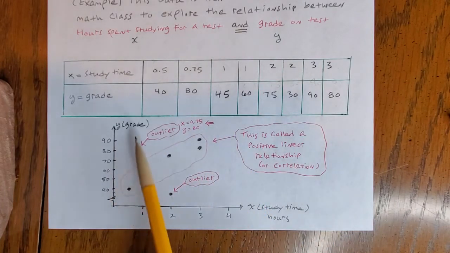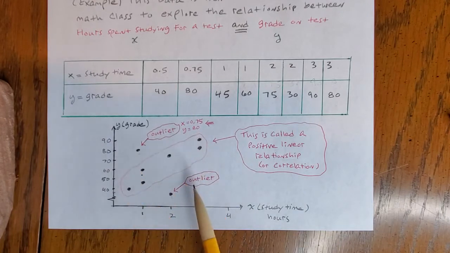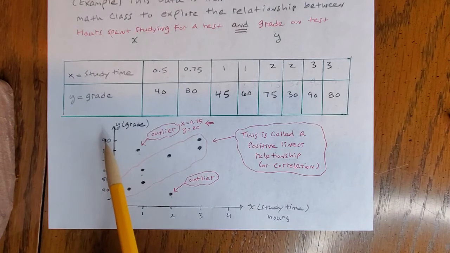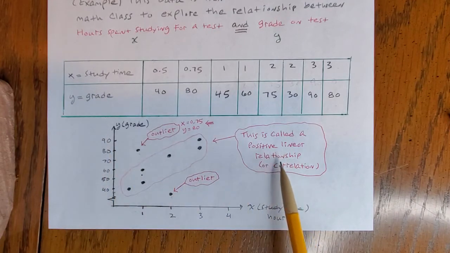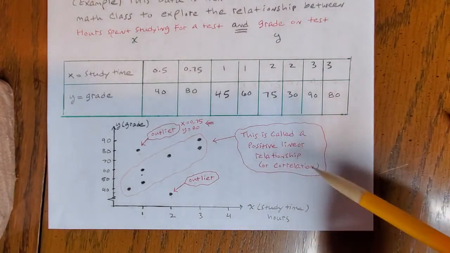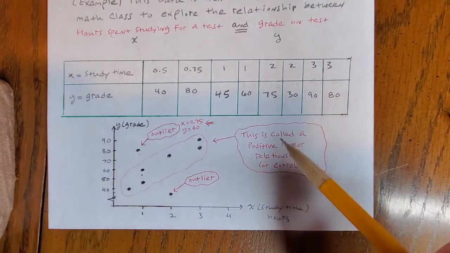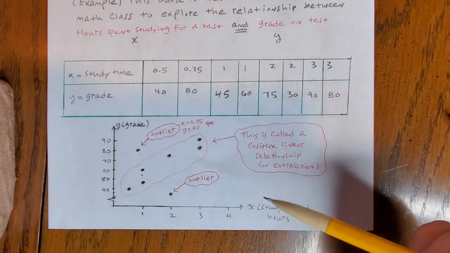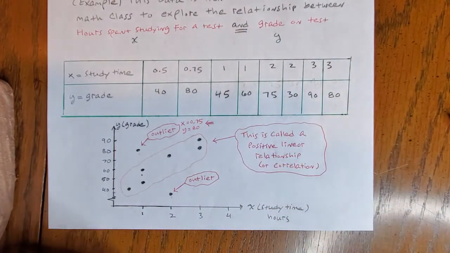Now, what we see here is that the more time you spend studying, in general, the higher your grade is. That's called a positive linear relationship. It just means that as one variable goes up, so does the other one. All right. Well, let's talk a little bit more about the trends and the types of graphs you might see, because I don't think it's that hard to make a scatter plot as it is.